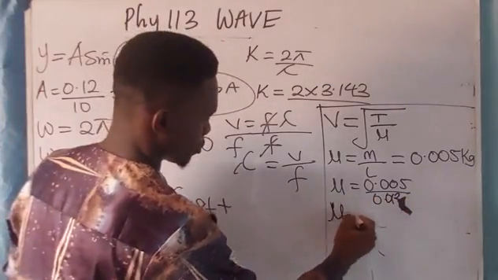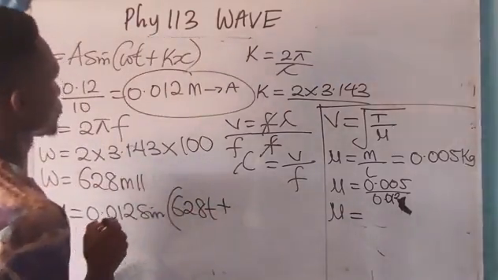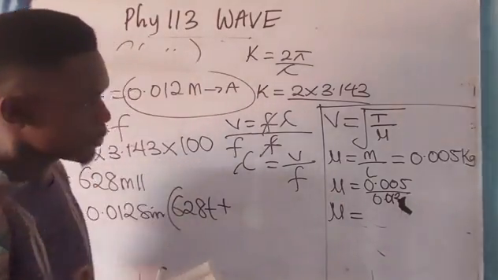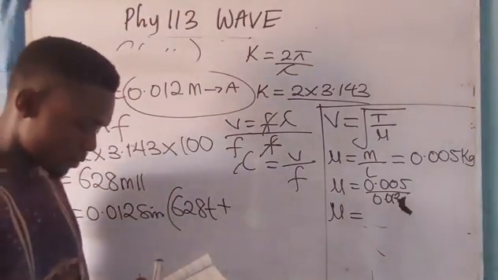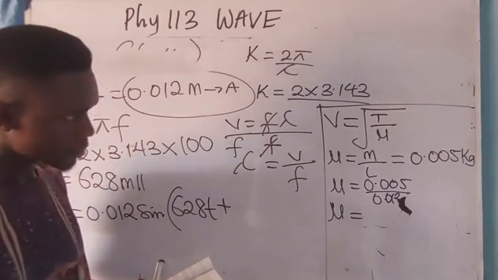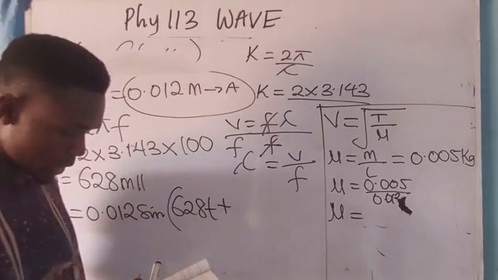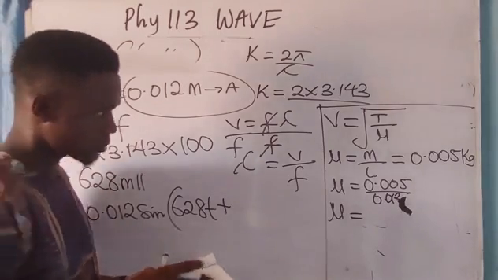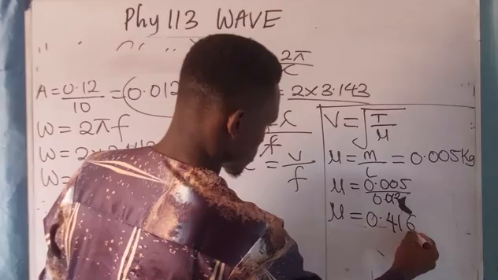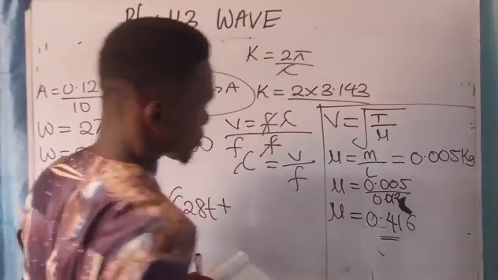So U equals 0.005 divided by 0.012, which equals 0.416.